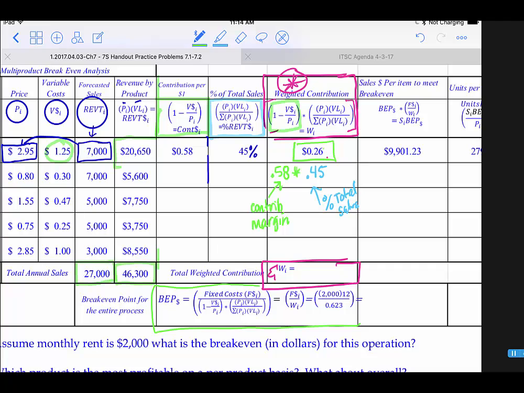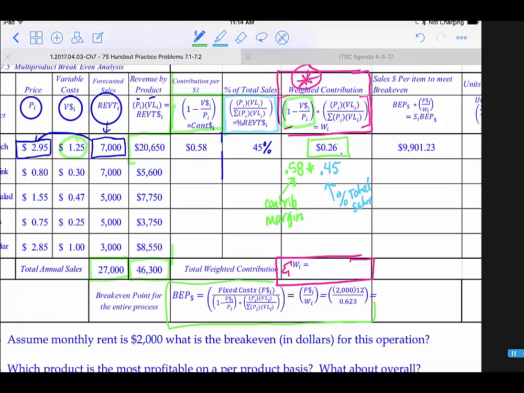So we have to divide our fixed costs, which are given somewhere else, by this weighted factor, the number that we're going to get in this box right here. That is quasi-like P minus variable costs in the denominator of our regular break-even analysis. It just has a lot more steps because there's a bunch of products that we have to consider.